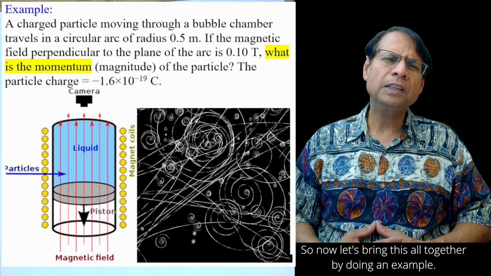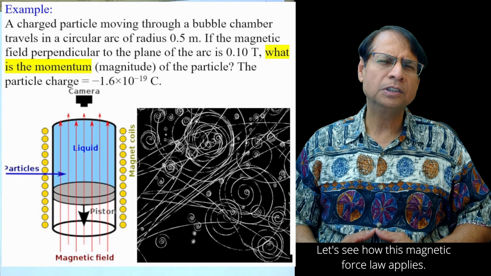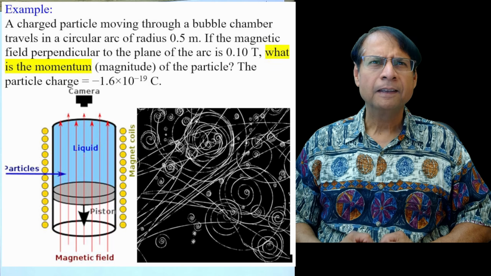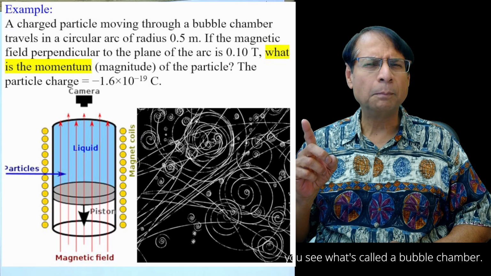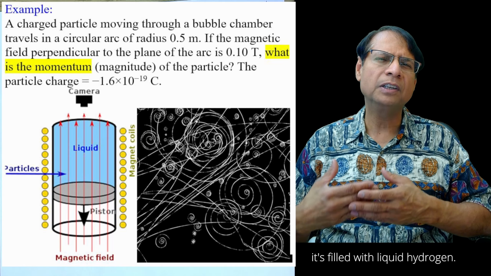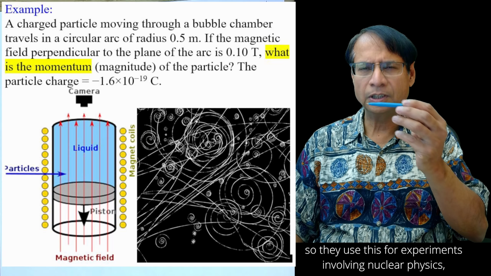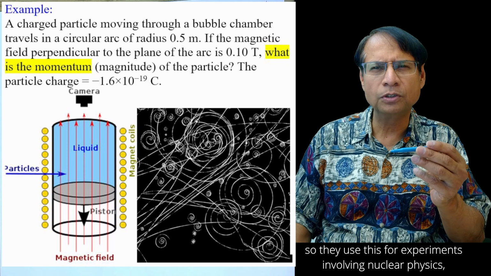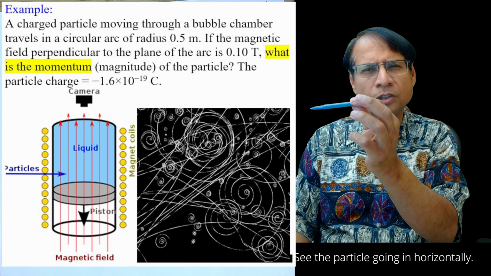So now let's bring this all together by doing an example. Let's see how this magnetic force law applies. In this picture, you see what's called a bubble chamber. It's a chamber filled with liquid hydrogen. When charged particles go in, so they use this for experiments involving nuclear physics, high energy physics, and things like that, you have a particle going in horizontally.